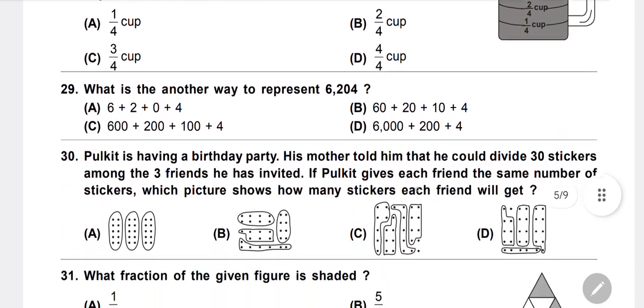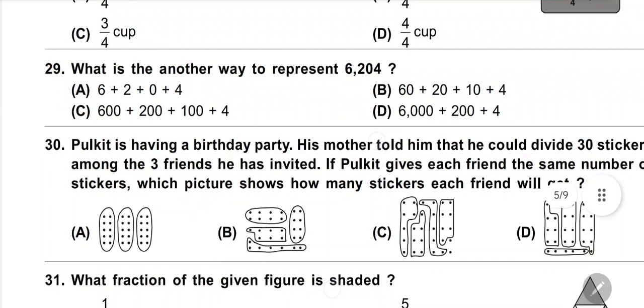Next question: what is another way to represent 6204? Another way means the expanded form of the number. So I am going to expand this. 4 is in the ones place, 0 is in the tens place, 2 is in the hundreds place, and 6 is in the thousands place.